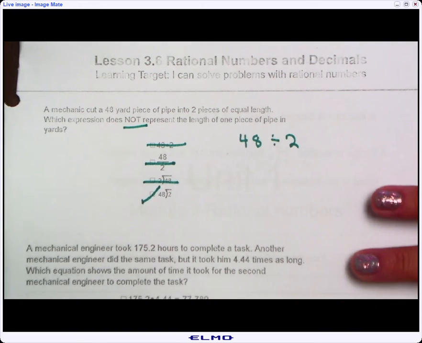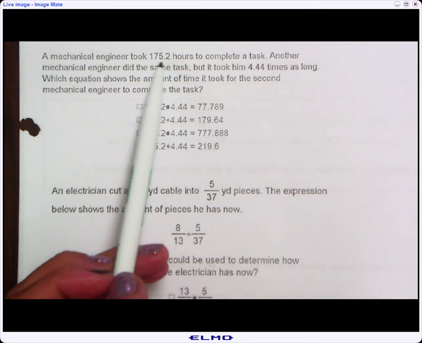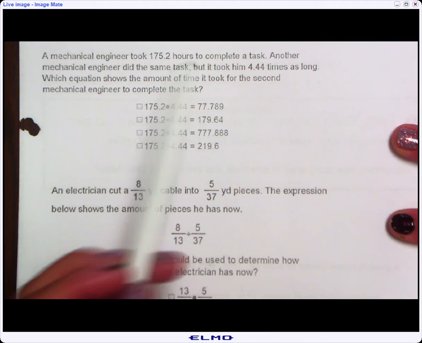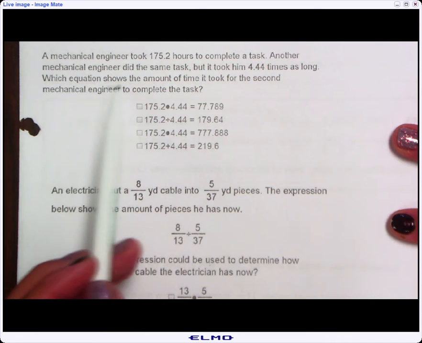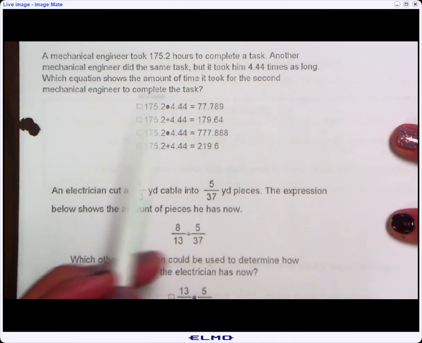So looking down at the next part, a mechanical engineer took 175.2 hours to complete a task. Another mechanical engineer did the same task, but it took him 4.44 times as long. Which equation shows the amount of time it took for the second mechanical engineer to complete the task?